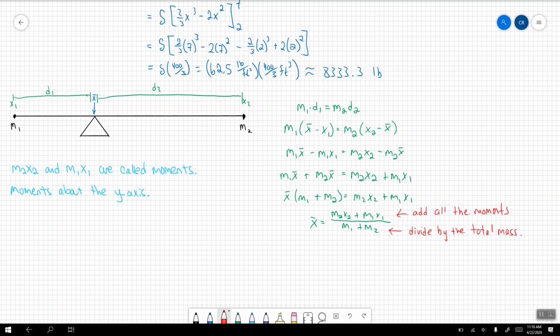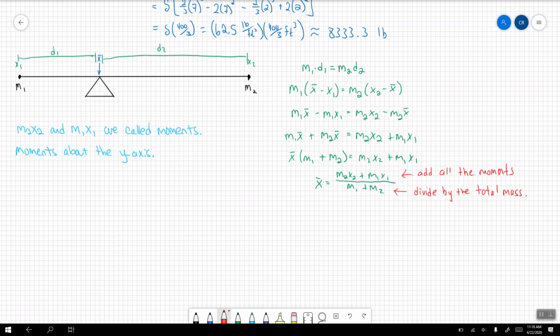If we know what mass 1 and mass 2 are, then we can just divide by the total mass. So naturally, we start getting this nice aspect of finding this midpoint just by analyzing what is the mass of these objects and how far are they away from the y-axis.